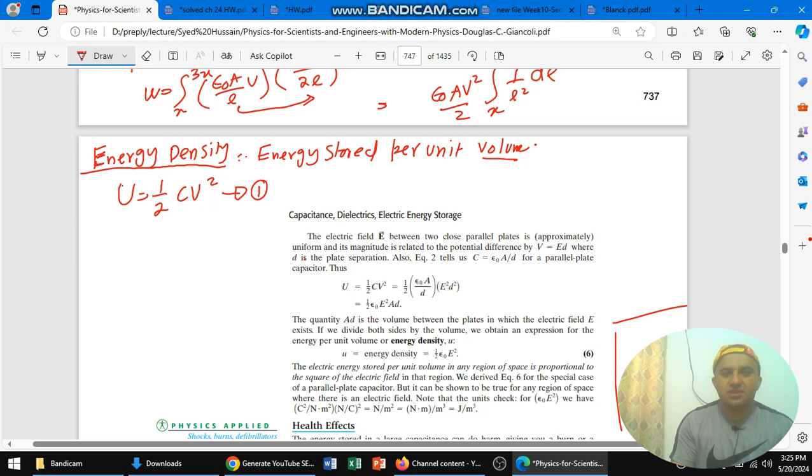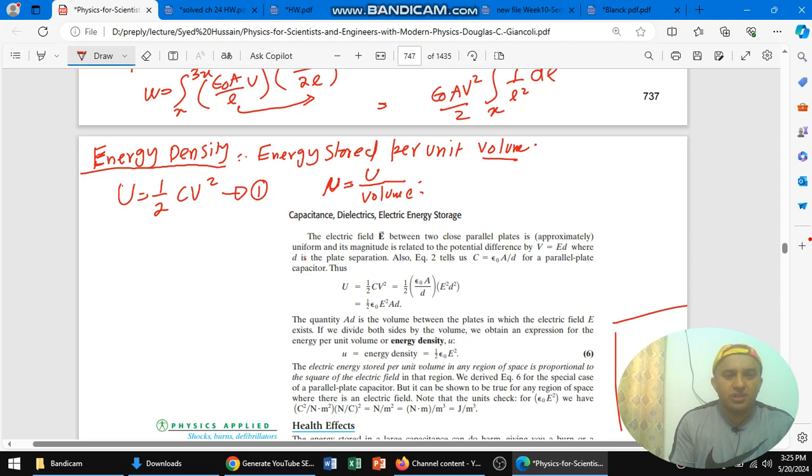Because as time passes, in future capacitors the volume must be small and the energy storage must be large. So we require capacitors which have very small volume but store more energy. So energy stored per unit volume is the energy density, small u, which is equal to energy per unit volume.